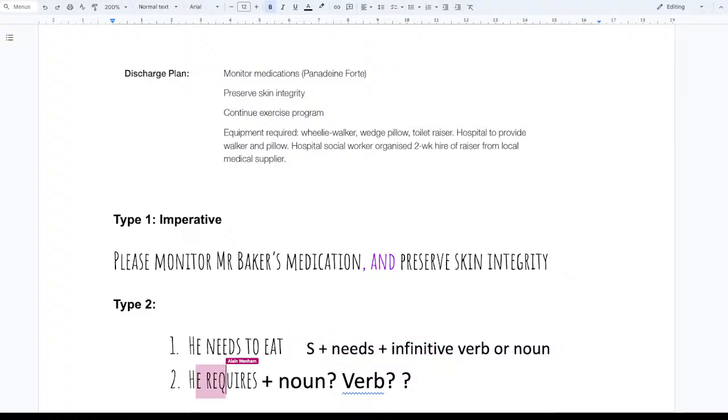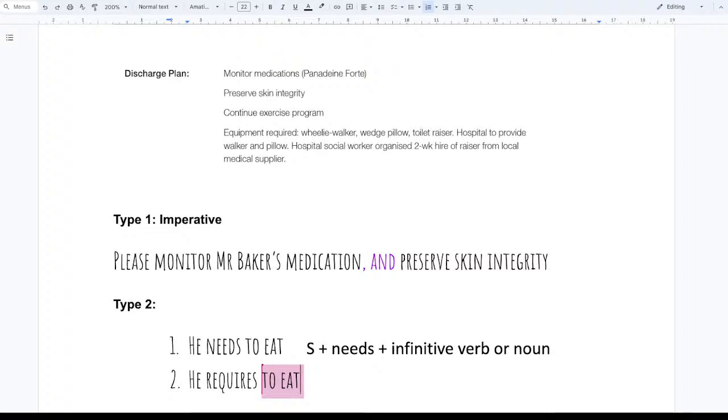What about he requires? The rules are different here. Okay? With he requires, can I say he requires to eat? Is that correct? The answer is, what do you think if you're watching Facebook? Can I say to eat? He requires to eat. No. Shani, no. Right?